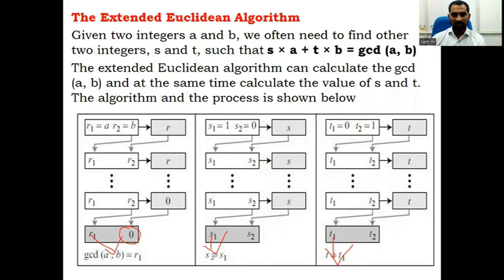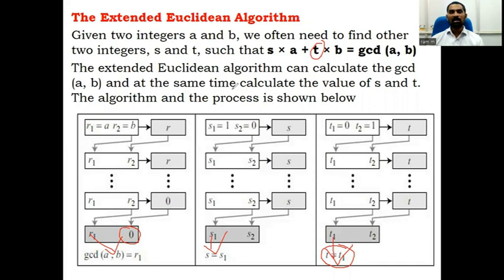We don't give that much importance to S, but when we go further, we'll give more importance to T. We call T the multiplicative inverse. That T has more importance when we go further, and at that time we'll see. But remember, the extended Euclidean algorithm is used to find the multiplicative inverse of a given value.